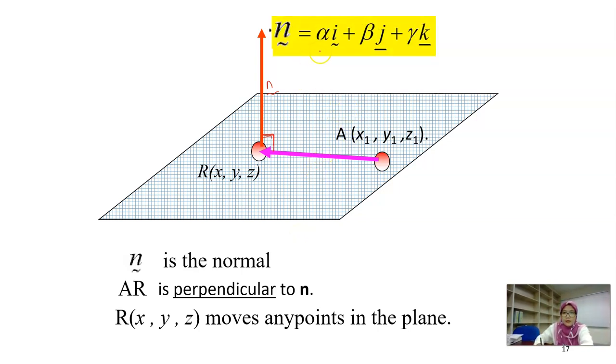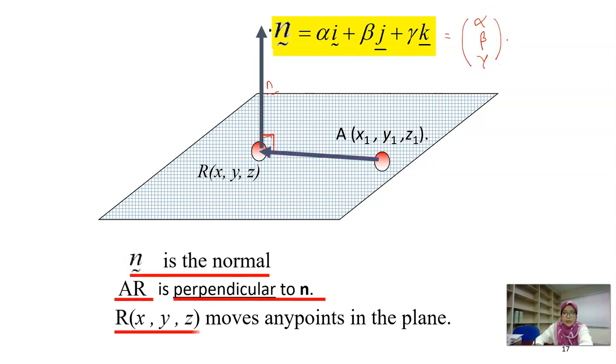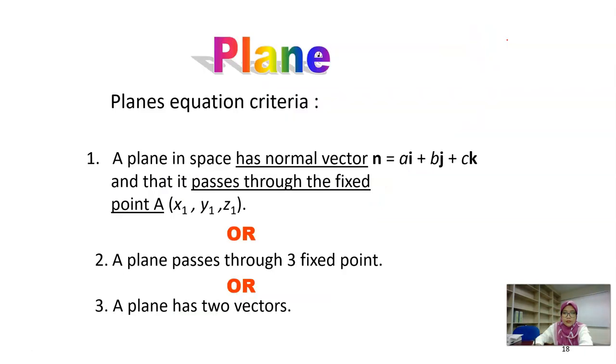Vector n is given by alpha i plus beta j plus gamma k, or you can write it in column vector alpha, beta and gamma. So that r is moving in the plane.